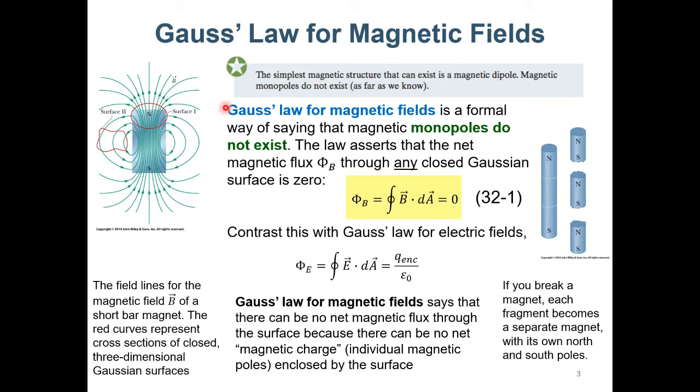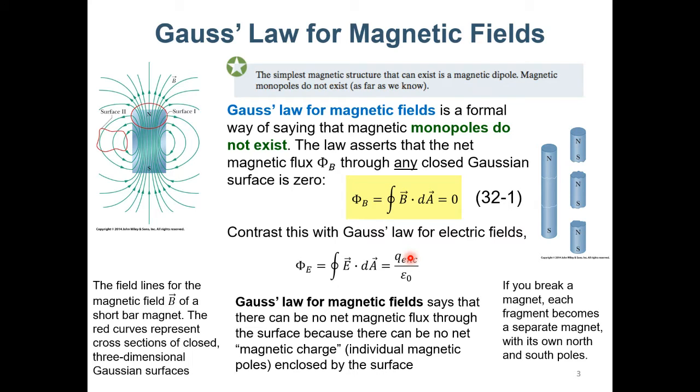So for this one, Gauss law for magnetic field, you have learned Gauss law for electric field in chapter 23. We have the electric flux equals the enclosed charge over epsilon naught. But for magnetic field, we don't have a magnetic monopole, so we don't have a corresponding term to the enclosed charge.